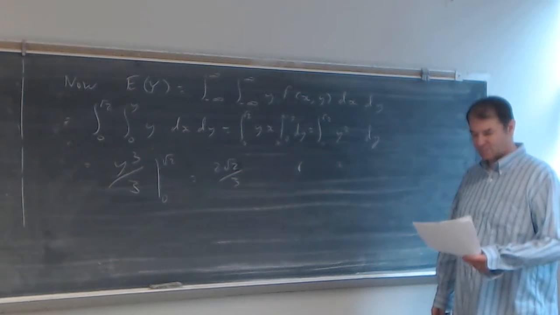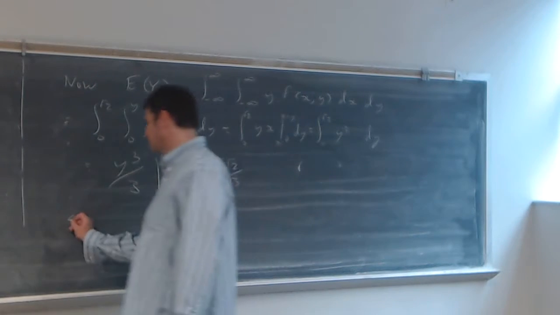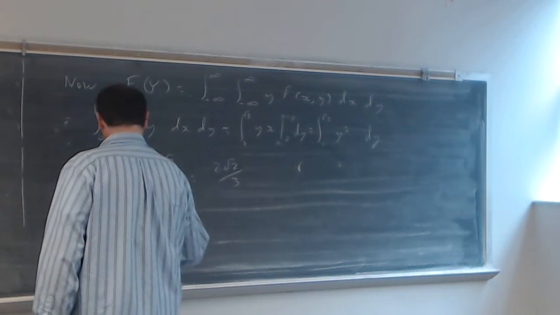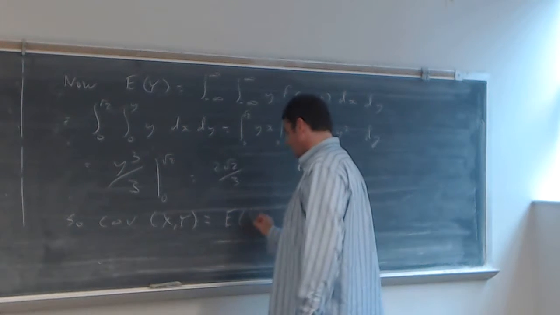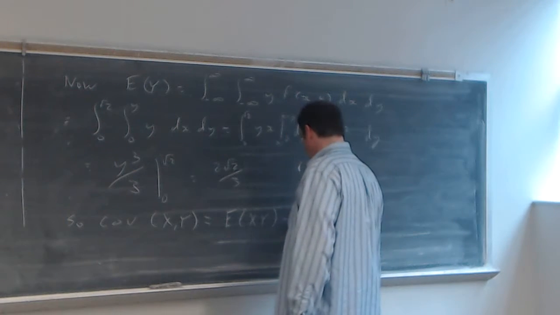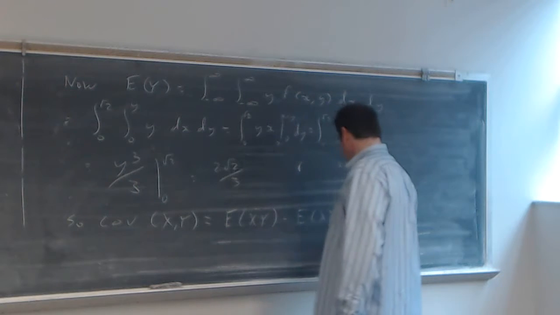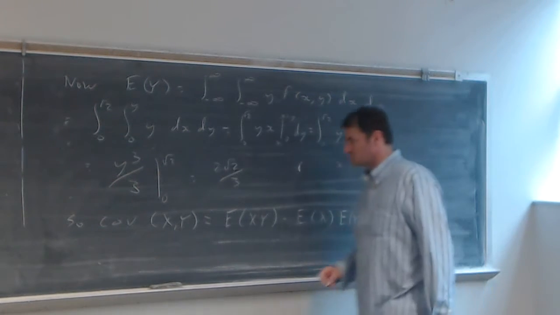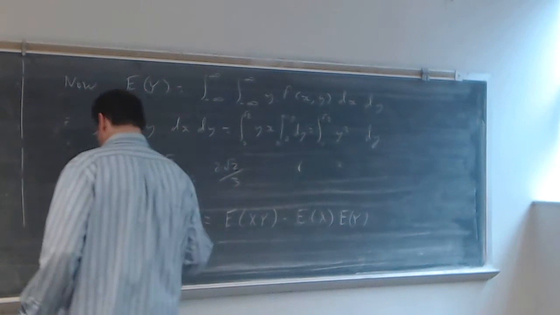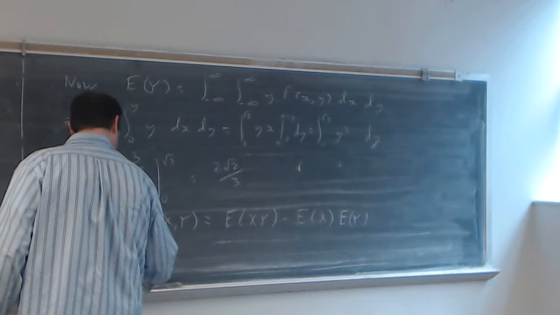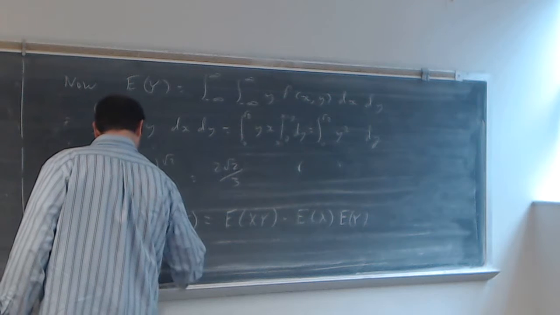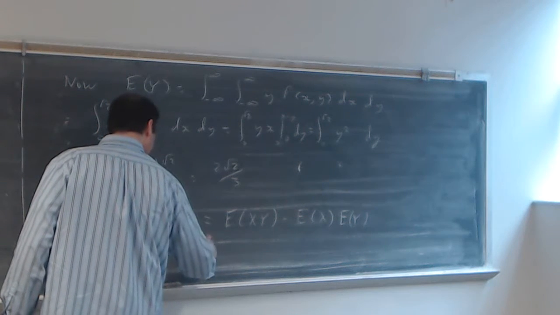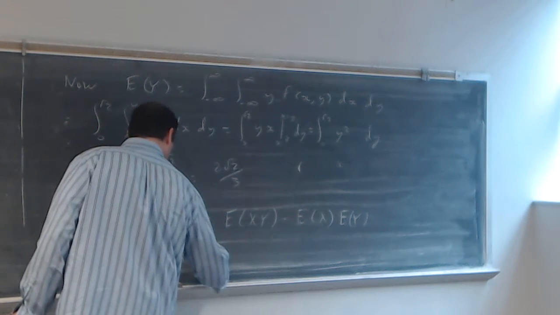That's right. So the covariance of x and y is equal to, again, the expected value of x times y minus the expected value of x times the expected value of y. And these numbers, if you remember, I've got it written down here. It's 1/2 minus the expected value of x, that was square root of 2 over 3, times the expected value of y, which is 2 times square root of 2 over 3.